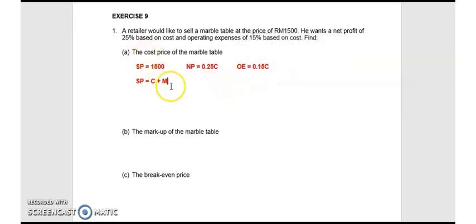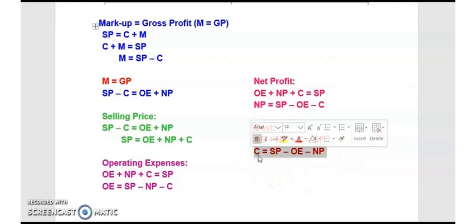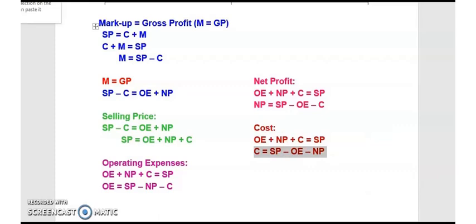So how do we get the formula for cost? Refer back to how we derived all the formulas previously. The formula for cost, which one? This part. In this formula for cost, we include operating expenses, so use that formula. That is why it is important for you to practice how to derive all these formulas, so then you know which formula you need to use.